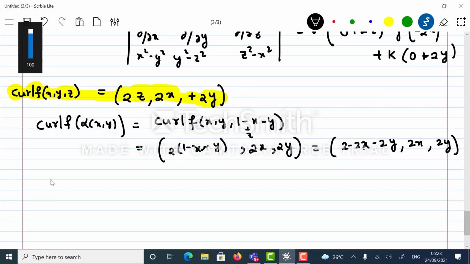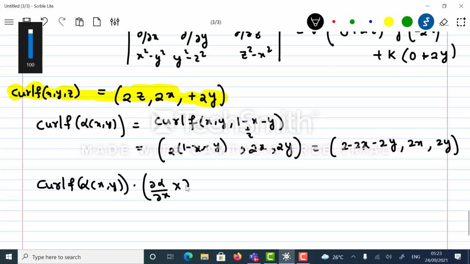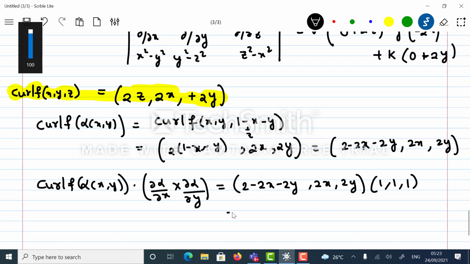Then curl f of alpha(x, y) dot product with ∂alpha/∂x cross ∂alpha/∂y. This is the same as (2 minus 2x minus 2y, 2x, 2y) dotted with ∂alpha/∂x cross ∂alpha/∂y, which we have already calculated, that is (1, 1, 1). So then it will be 2 minus 2x minus 2y plus 2x plus 2y.